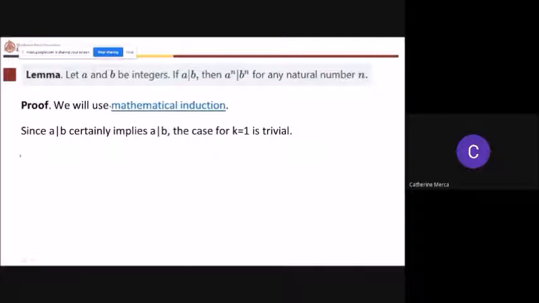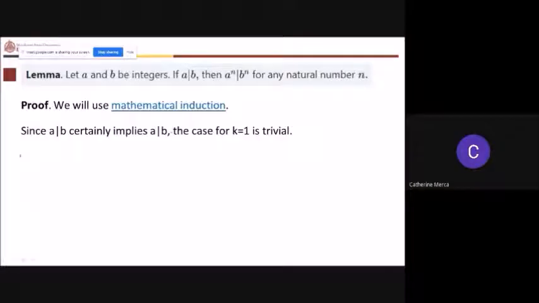We start with the following. Since a divides b, this implies that a divides b for k equals 1. So, this is trivial. Kasi pag mathematical induction, di ba, we start with when k is equal to 1. This is trivial.